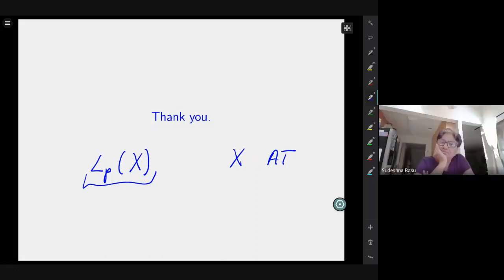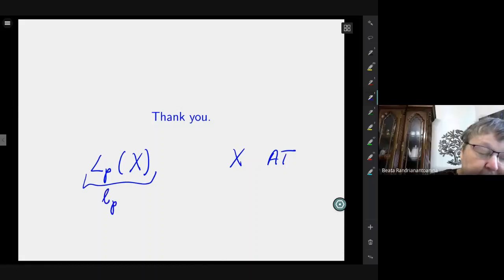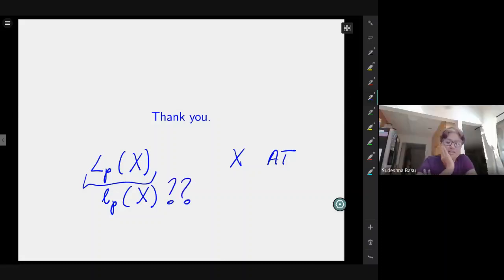But we don't know if it is true for the literal LP sum. Okay. So my question now is, can we say anything about, for example, X is almost transitive, can we say anything about the space of bounded operators on X, or say tensor products? I don't know of any results in that direction.